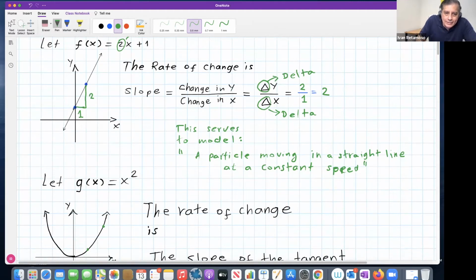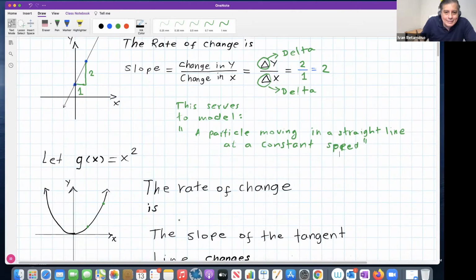Let's analyze, just like we did here, the rate of change. Notice that in this case, the rate of change is not constant. This is the first thing you should notice. Why do you notice that, Professor, so quickly? Well, because notice that it starts flat here, but then gets steeper, right?